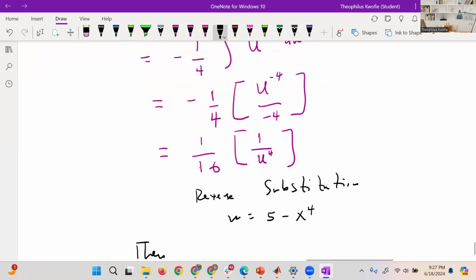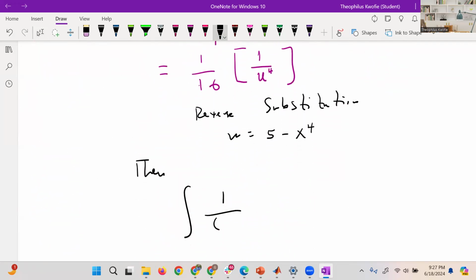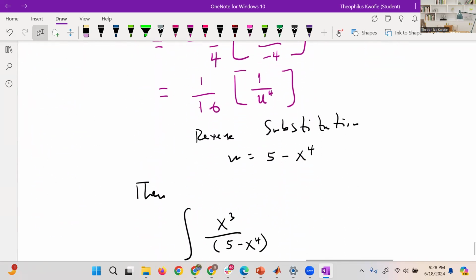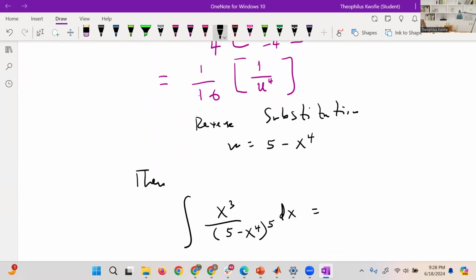So with that, our result of the integral will be equal to 1 over 16 multiplying 5 minus x to the power 4, plus a constant c.